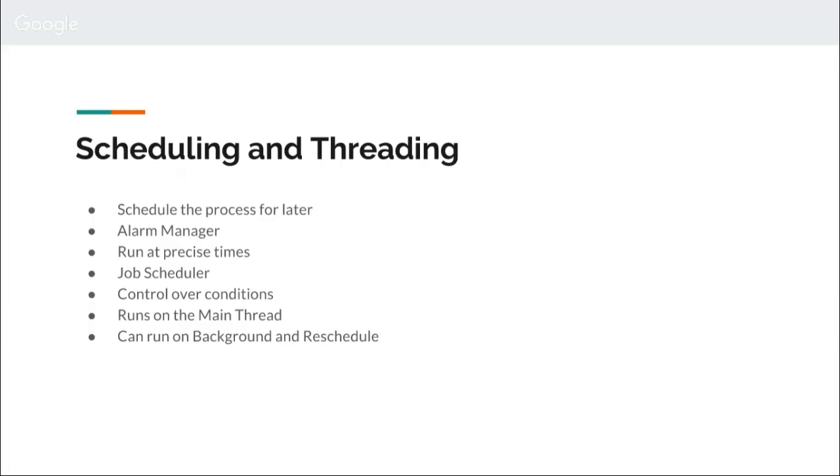Like the JobScheduler can run on a schedule that you set or on a condition. Maybe that's something you want. The AsyncTask is for small jobs, but you have to be careful about references and not having memory leaks. You can use loaders to handle that. But of course, mix and matching all these things maybe will have a lot of code and will be a bit complicated, but in the long run, on big applications, it's really worth it.